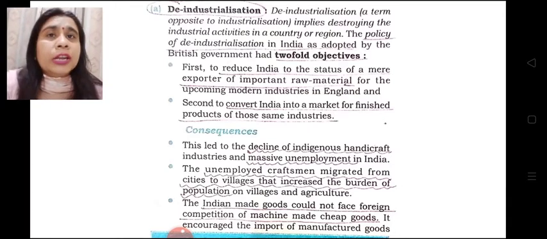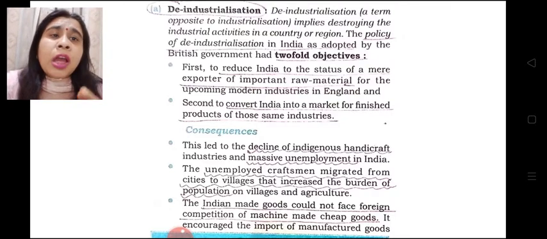Indian-made products could not face foreign competition, and machine-made products were available at cheaper rates in our own nation.